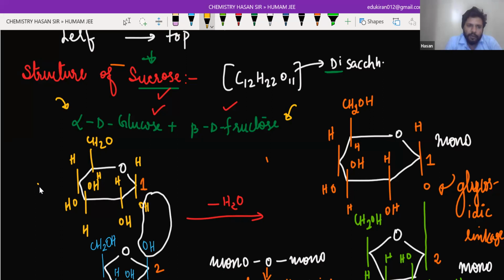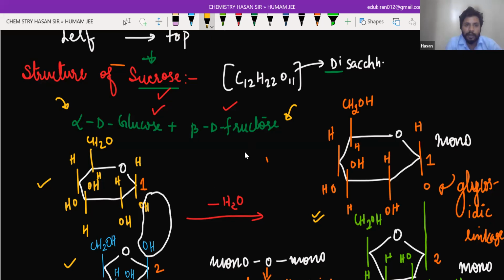So this is your alpha D glucose and this is your beta D fructose, and I eliminated this water. The rest part will be as it is because they will be connected. Now they will be connected with each other, and this is the structure of sucrose. See this connection between alpha D glucose and beta D fructose through oxygen, that is called glycosidic linkage.